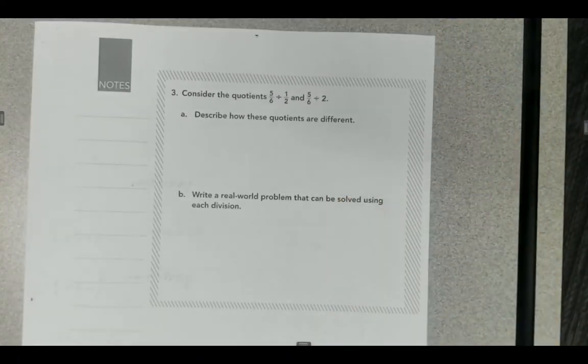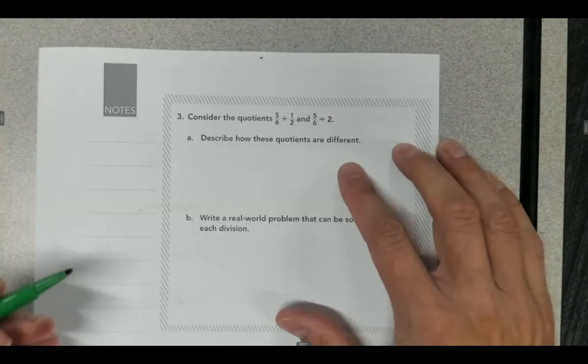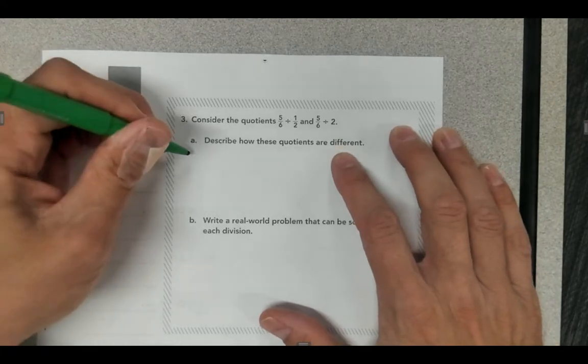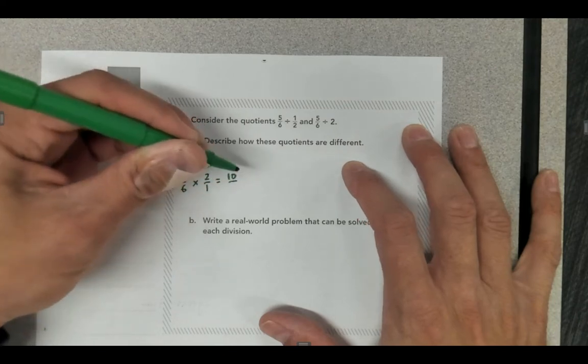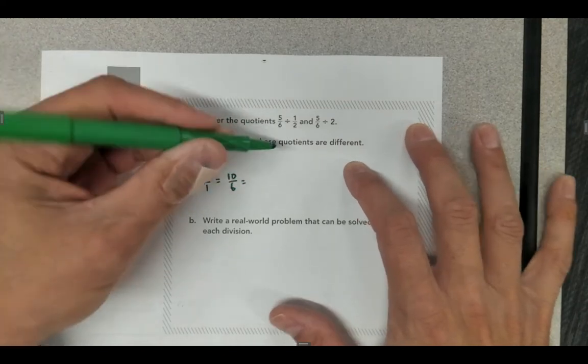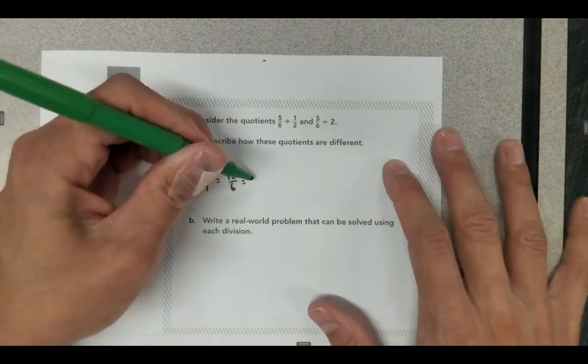Consider the quotients 5/6 divided by 1/2 and 5/6 divided by 2. Okay, so first, 5/6 divided by 1/2 is the same as 5/6 times 2, which is equal to 10/6, which is equal to 1 4/6, which is equal to 1 2/3.